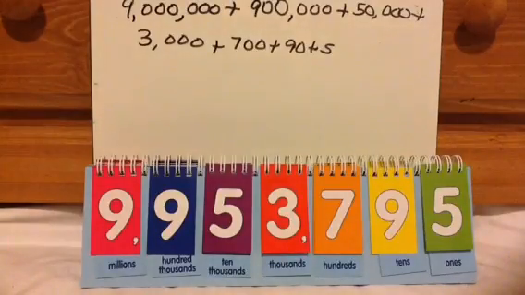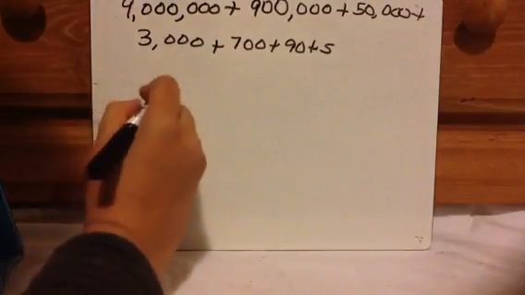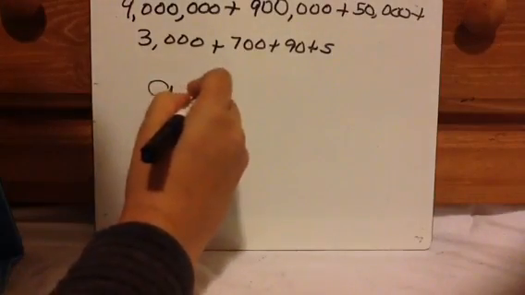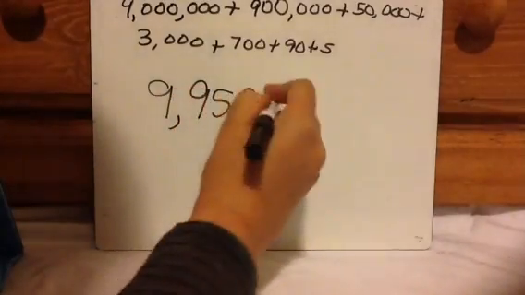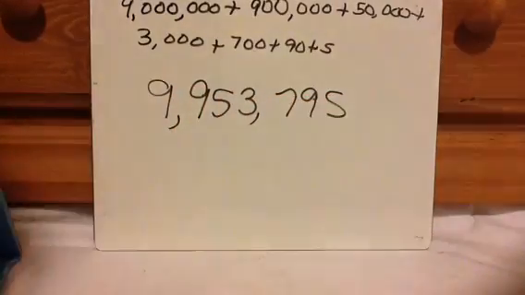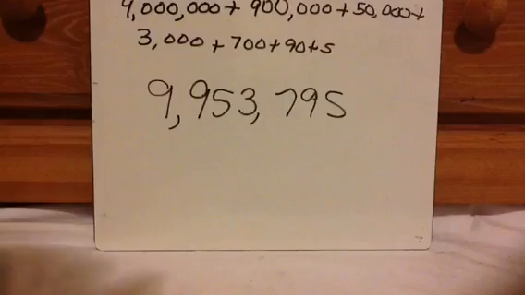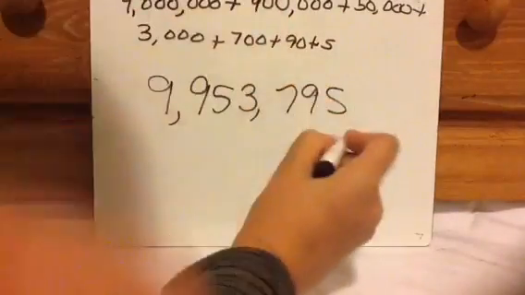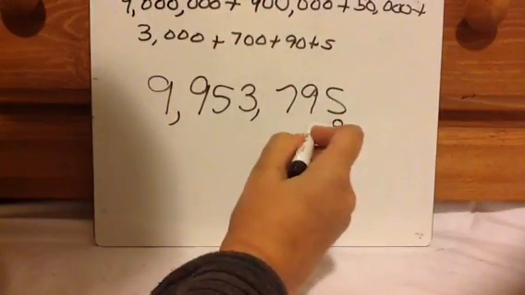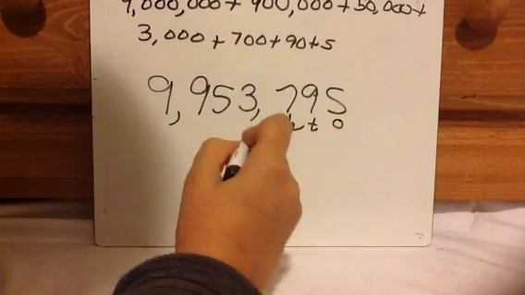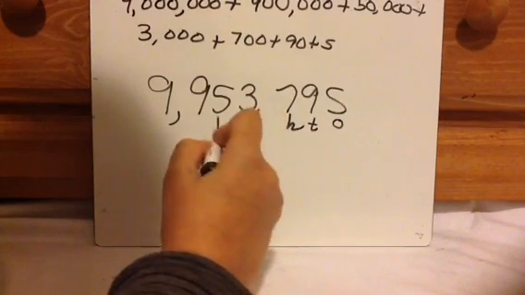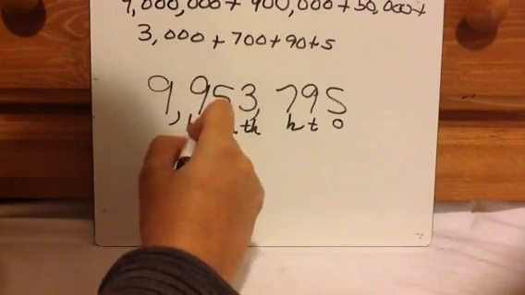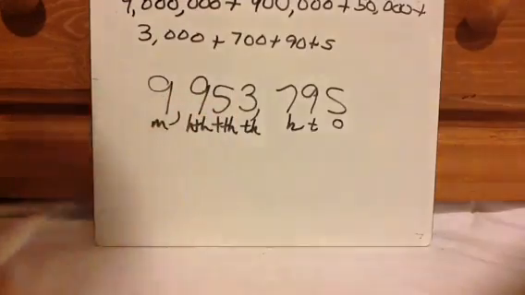Now, I will admit this is very easy because I have all these labeled as my little cheat sheet. Obviously, on assignments and homework, you're not going to have that. So let's say you're given that question on an assignment or a test, then you need to write ones place, tens place, hundreds place, thousands place, 10,000s place, 100,000s place, millions place.